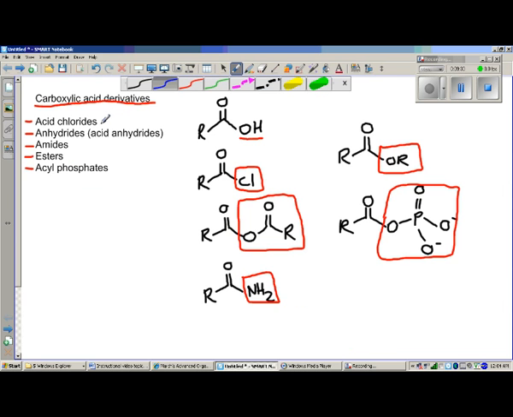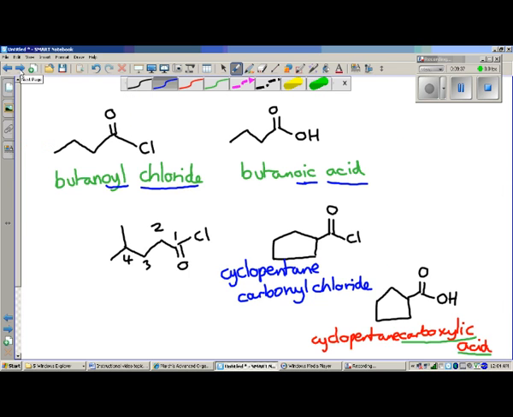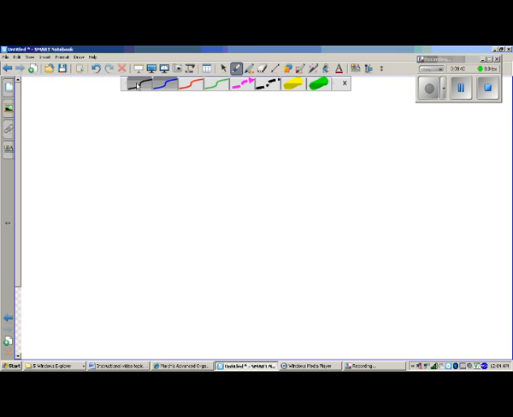So that's acid chlorides. Let's move on to anhydrides, and these can be even easier. So let me draw out one example. The anhydride functional group looks like this.